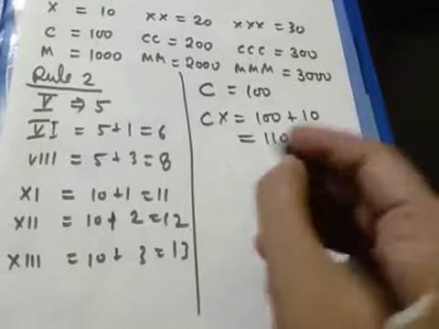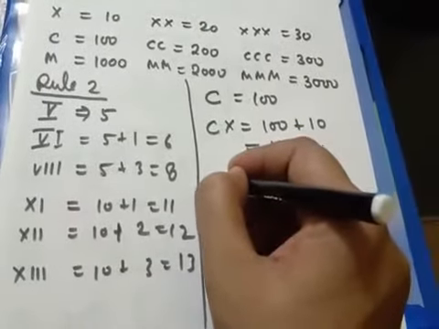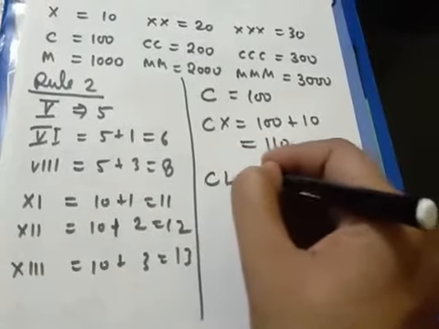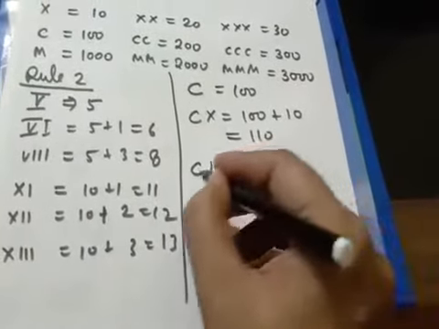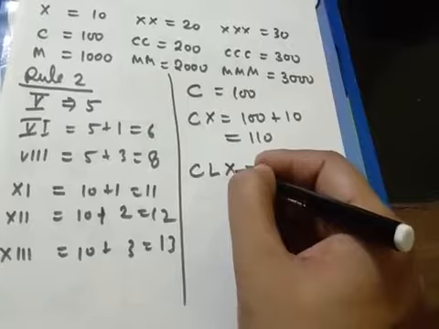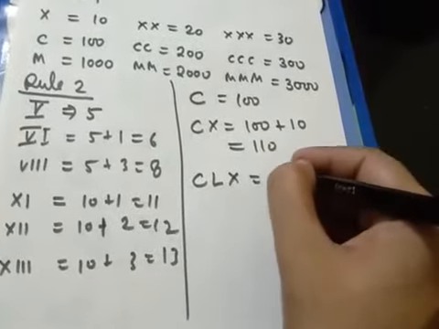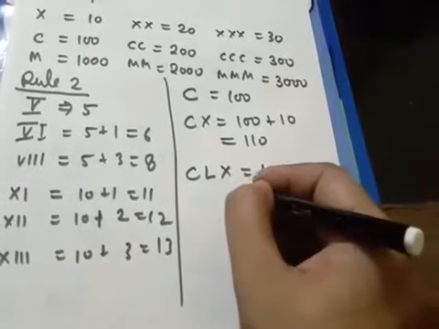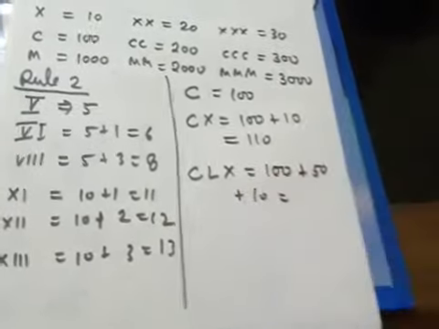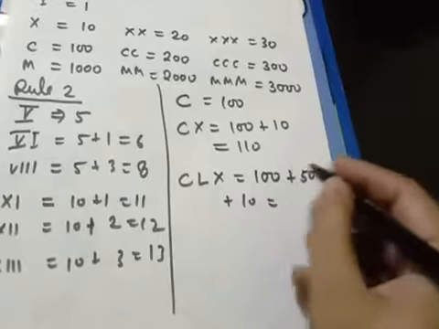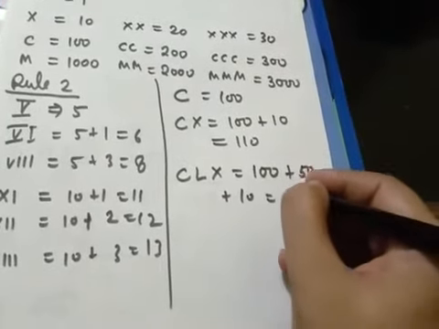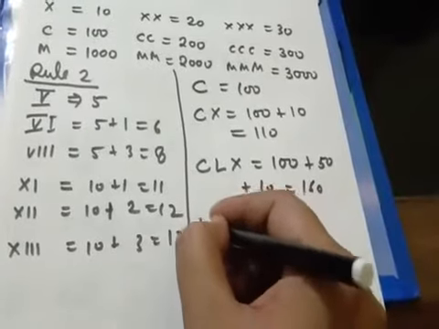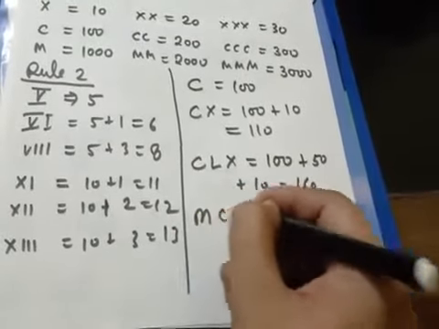In the same way, CLX. Now these are the greater numbers: C means 100, L means 50 and X means 10. After adding, 150 plus 10 is 160. One more example, MCC.